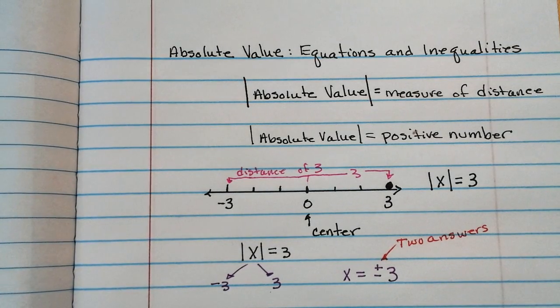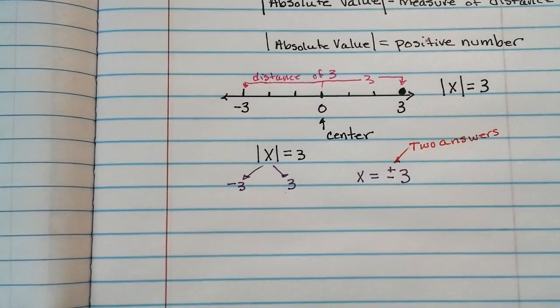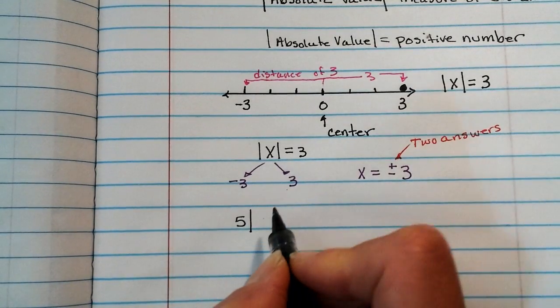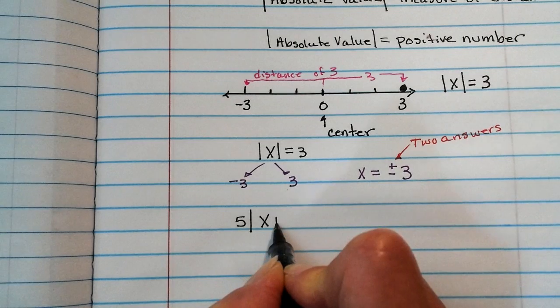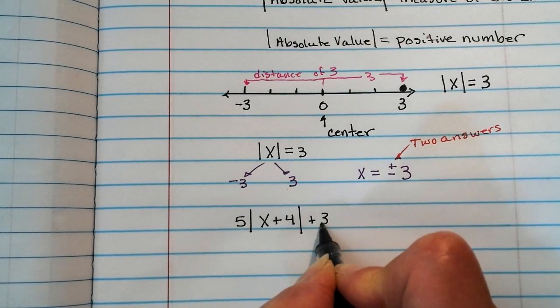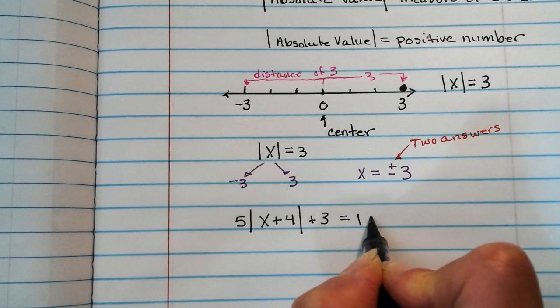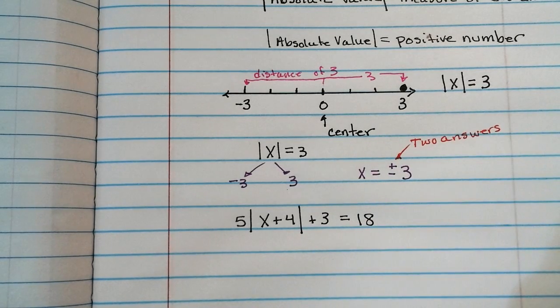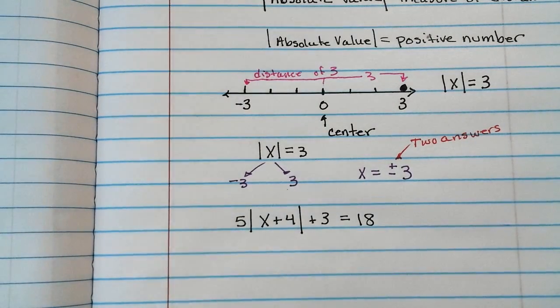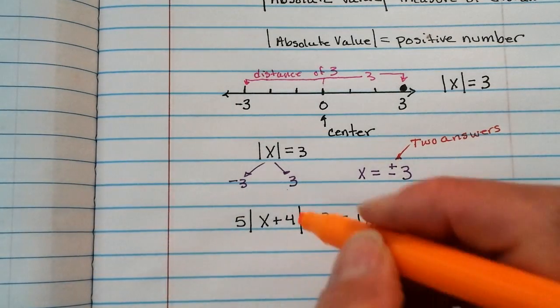So if I have an equation, I'm going to write this out, 5 times the absolute value of x plus 4 plus 3 equals 18. Notice that my absolute value is not alone. So I have to get my absolute value by itself.